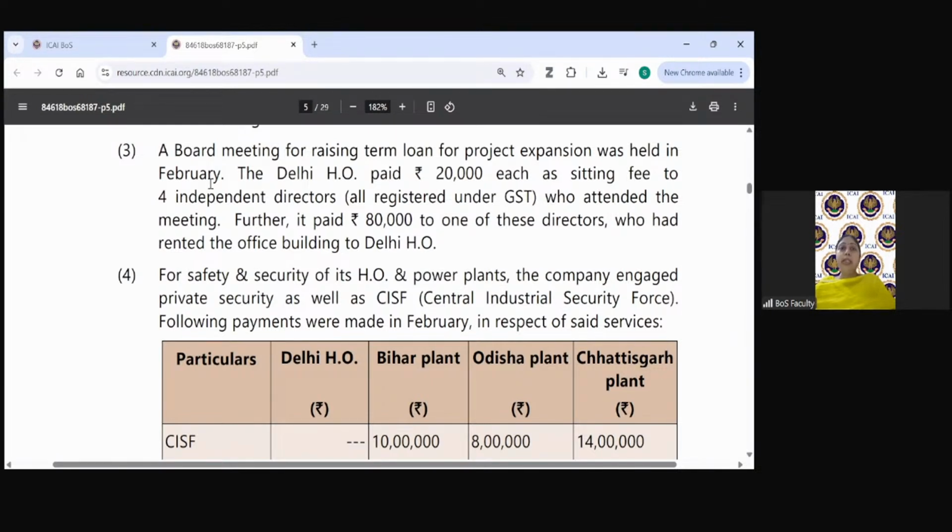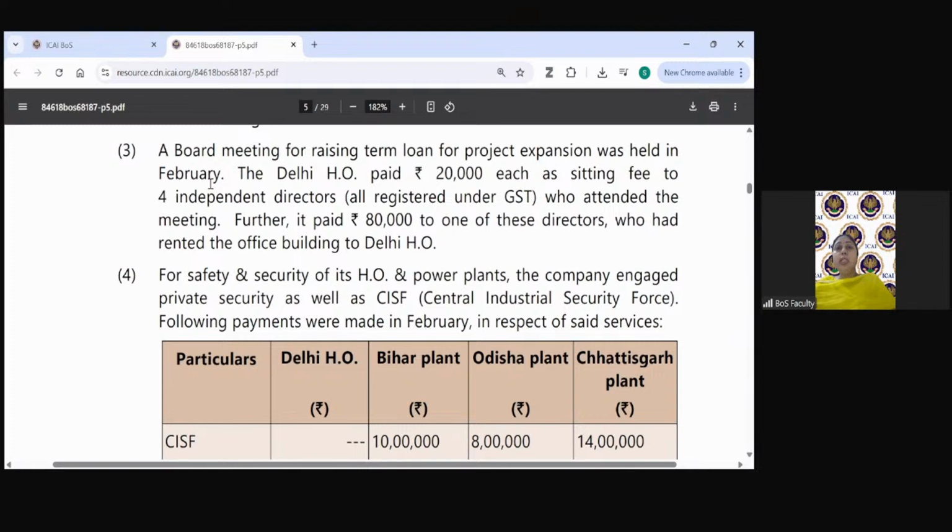But in this case, there are a few clarifications which have been issued. The first clarification which was issued earlier was that the director should not be an employee of the company. Now, if we see this question, we can easily see this 20,000 amount is not in the capacity of an employee because it is the sitting fees for attending the meeting. So this is in the capacity of a board director, and therefore this will become taxable under reverse charge.